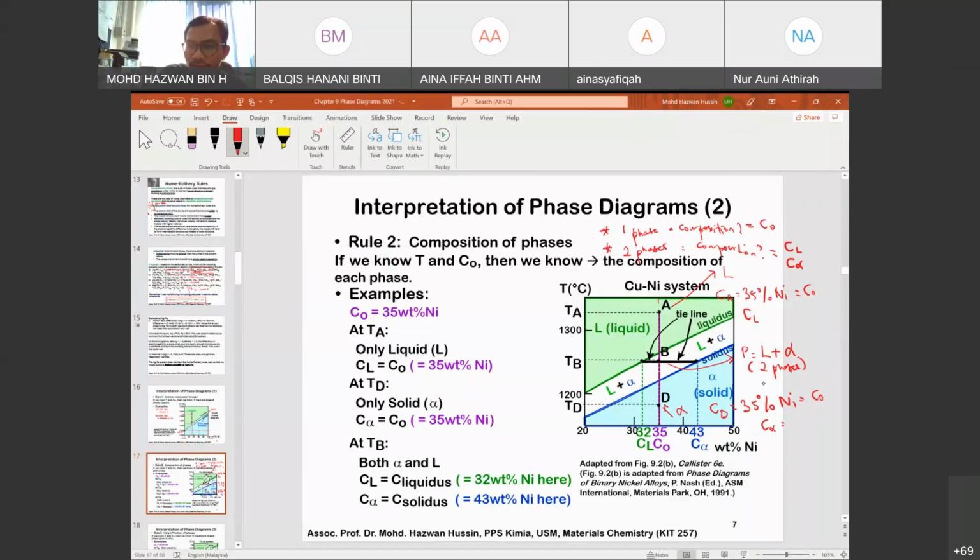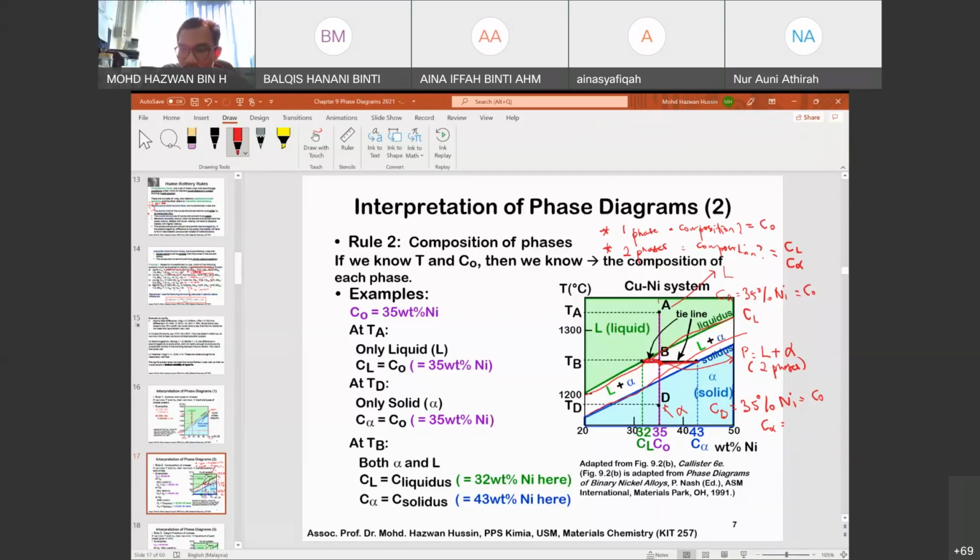So how to do that? You'll see that point B is located somewhere here, and this is the phase boundary: the liquidus line and also the solidus line. What you need to do is draw a straight line. Did you see this line?